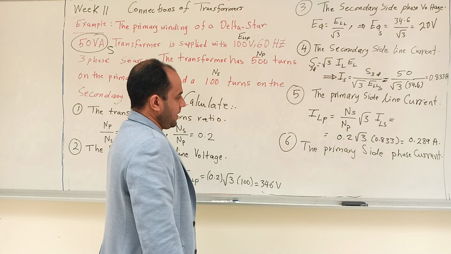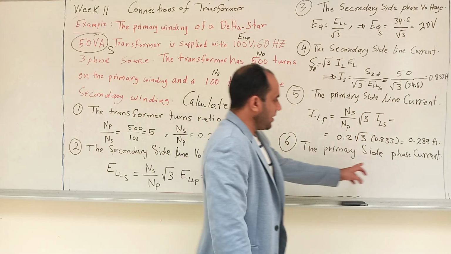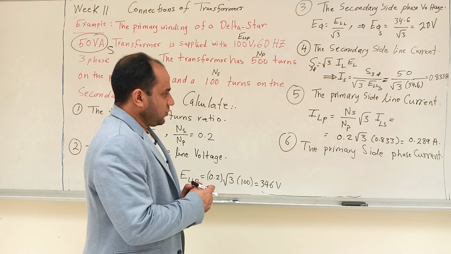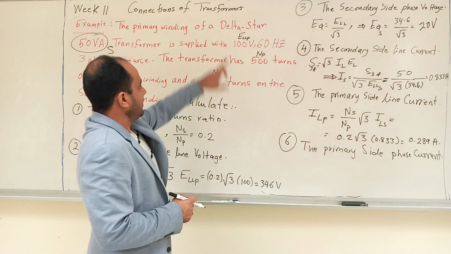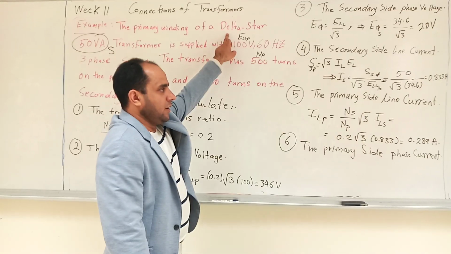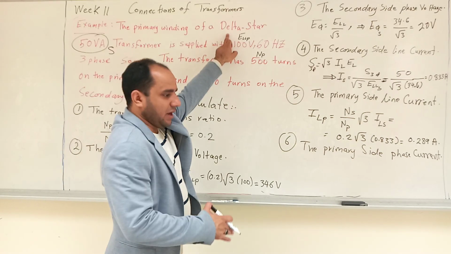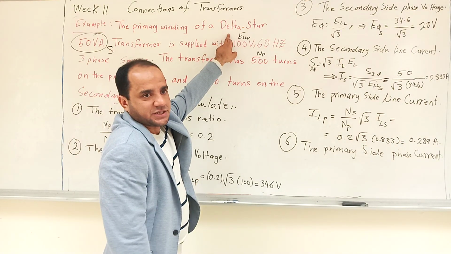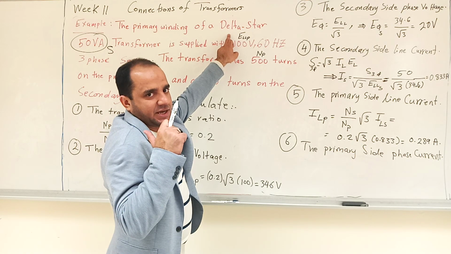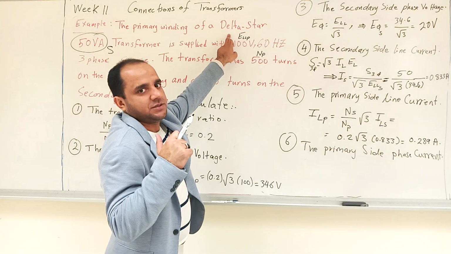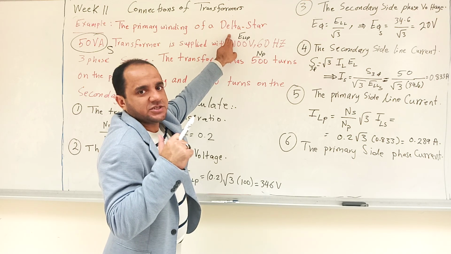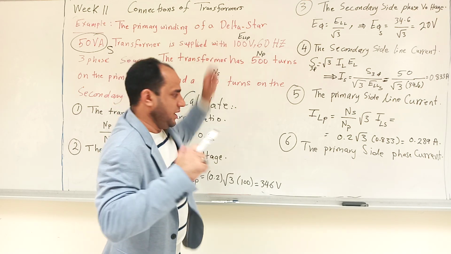Okay. Number 6, the primary side phase current. Let me check. What is our connection in the primary side? Delta. Right. What is the relation between the line current and the phase current in delta connection? In Y connection, they are the same. In delta, they are not. Line current is always greater than phase current in delta connection by a factor of root of 3.